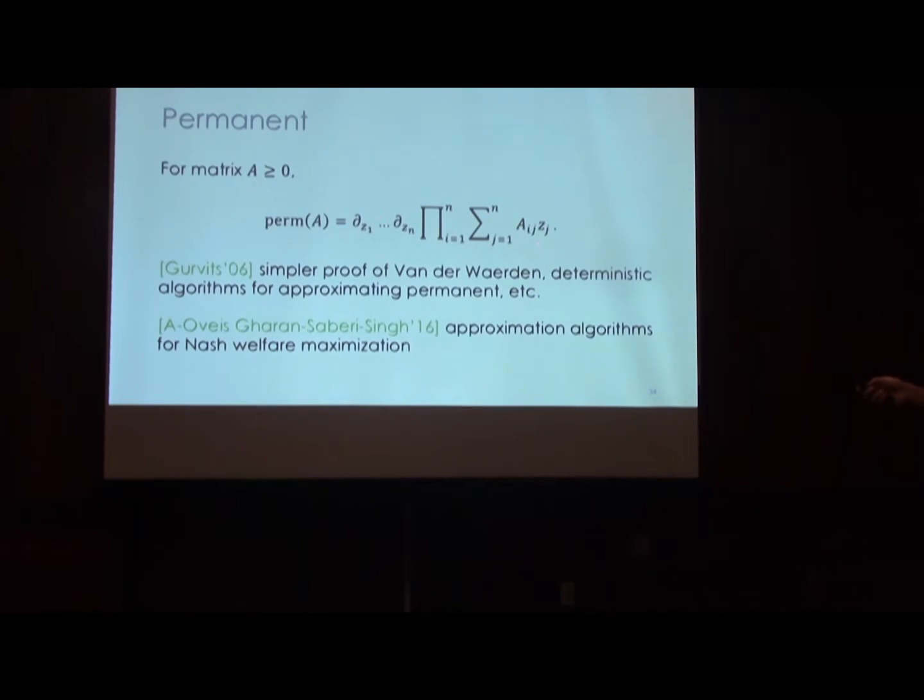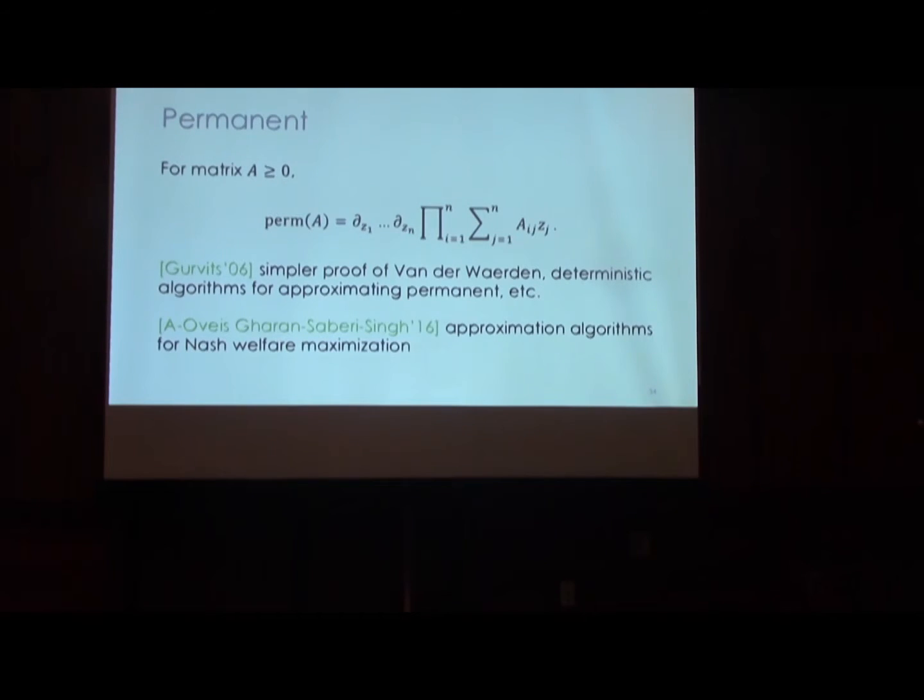I multiply a_ij by z_j and I sum them over. This part is linear. And if my matrix A has non-negative entries, this is going to be real stable. The product of real stable polynomials is real stable. So this whole polynomial on this side is real stable. And this polynomial encodes the permanent as one of its coefficients, the coefficient of z_1 through z_n.